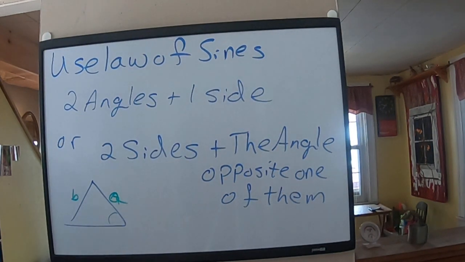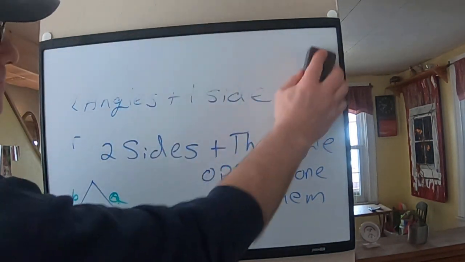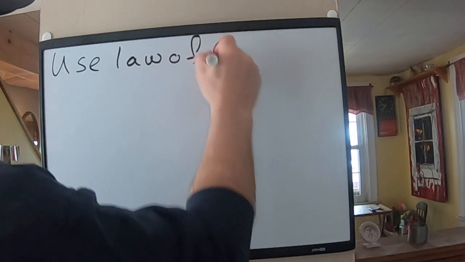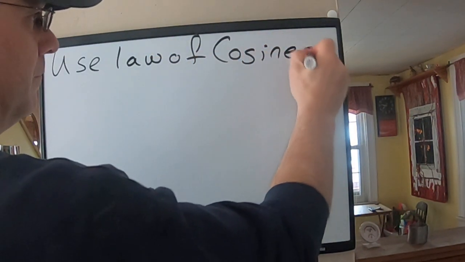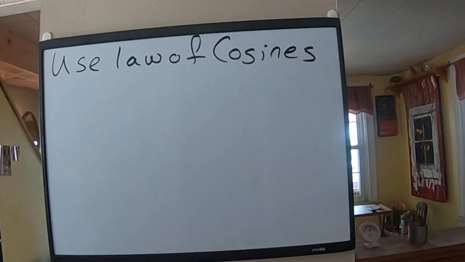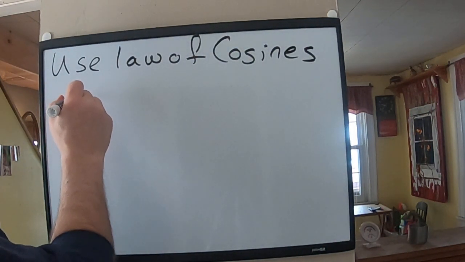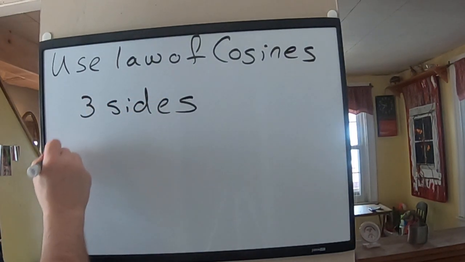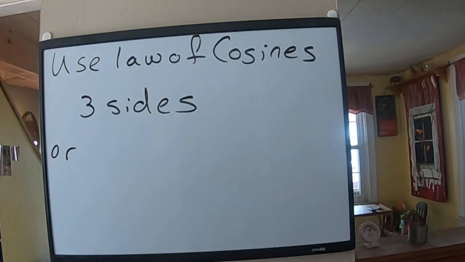Now, when do you use law of cosines? Law of cosines when you're given three sides, or when you're given two sides and their included angle.